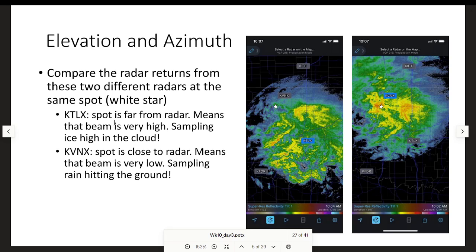So KTLX is far from the radar, so the beam is very high, and it's sampling the ice high in the cloud. And remember that snow doesn't really show up as well on the radar as rain. And then KVNX is close to the radar, so the beam is low, and it's sampling the rain that's hitting the ground.